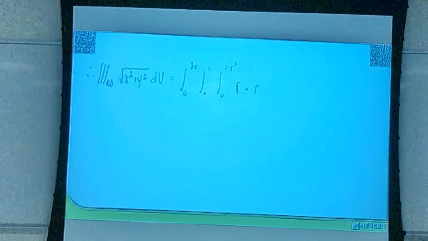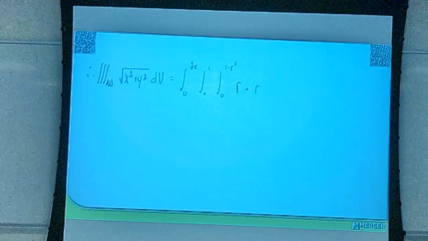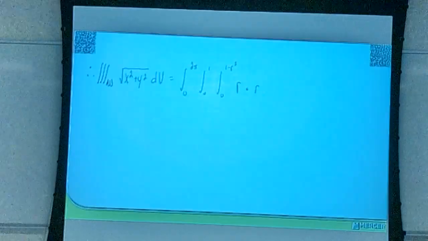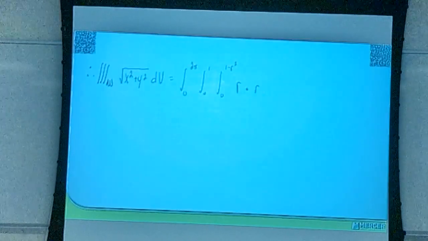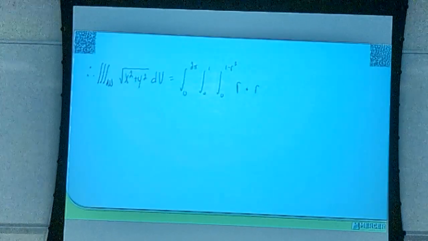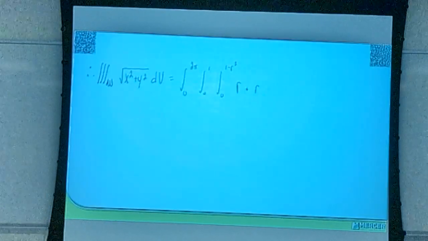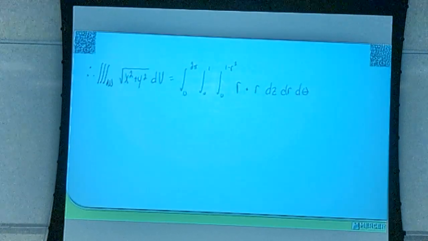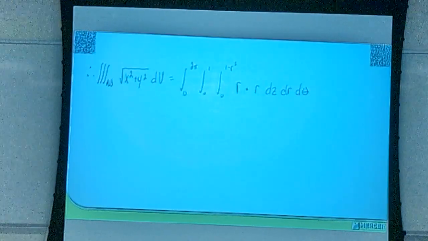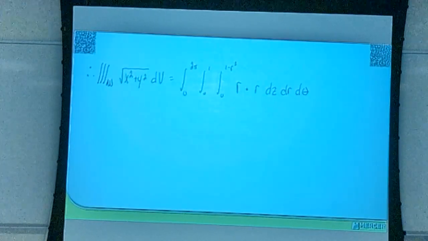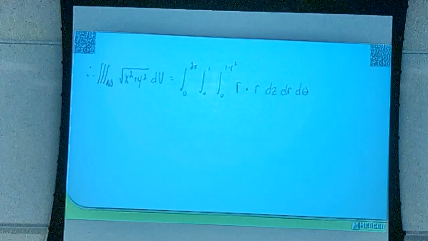Volume requires three. Yeah, I'm trying to remember the ordering. The coordinates are r, theta, z. So your differential is dz dr dtheta.